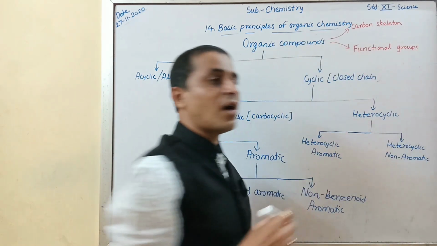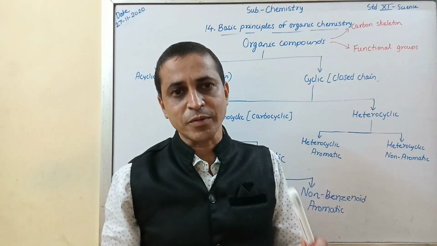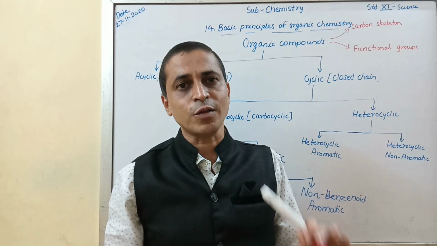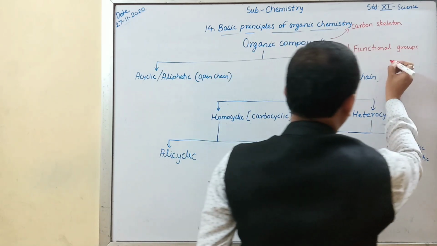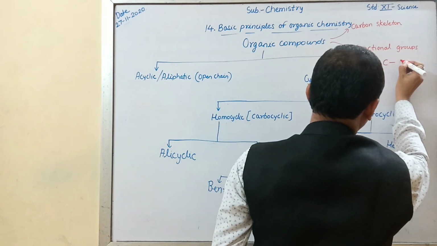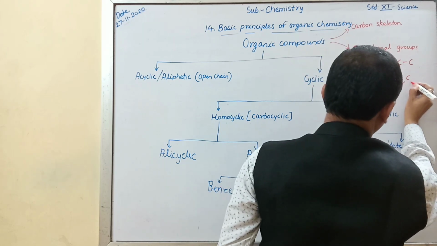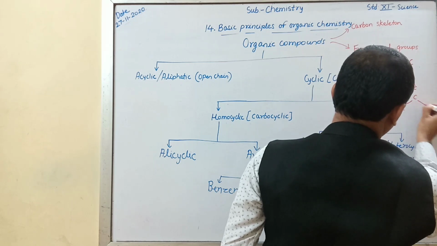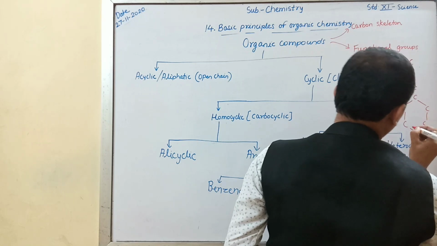Carbon skeleton: just like the skeleton of animals or the human body, organic compounds also have a skeleton. This skeleton must be in the form of what? Open chain carbon atoms or closed chain carbon atoms. This way, or see, this is also a carbon skeleton.